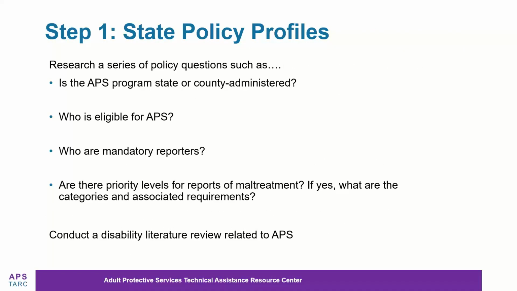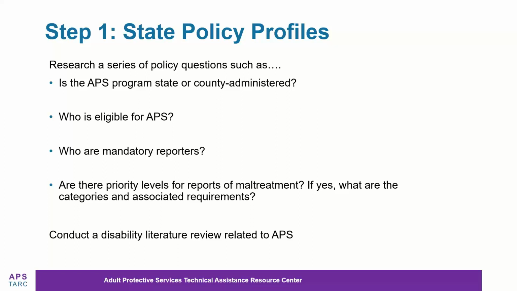So for the policy profiles, we were interested in questions such as who administers APS? Is it state-level administration? Is it county administered? Who's eligible for APS? Who are mandatory reporters in that state in terms of who is required to report adult maltreatment?